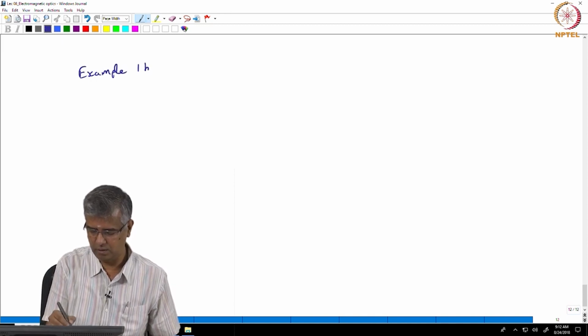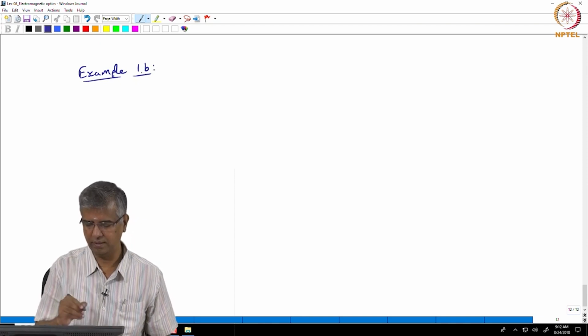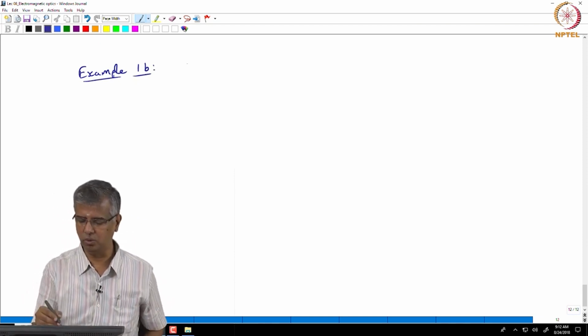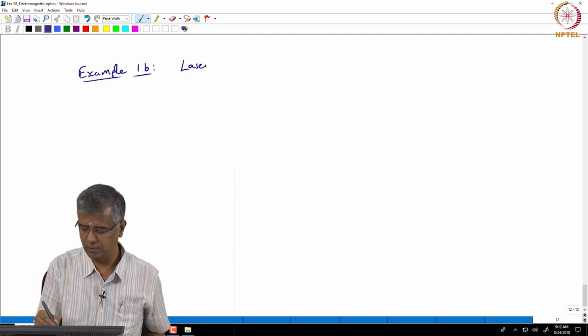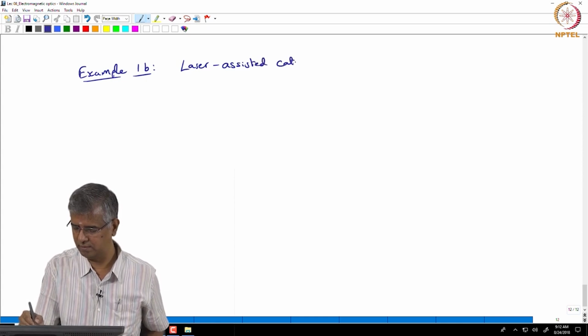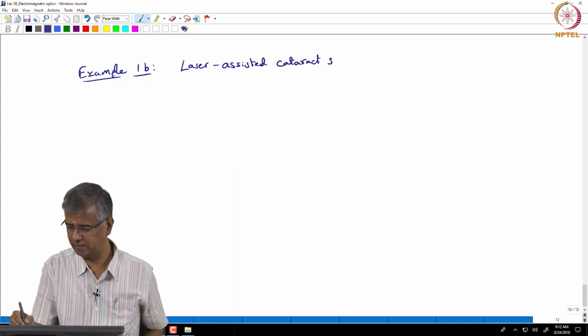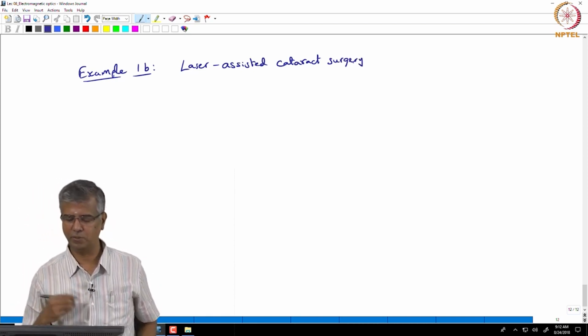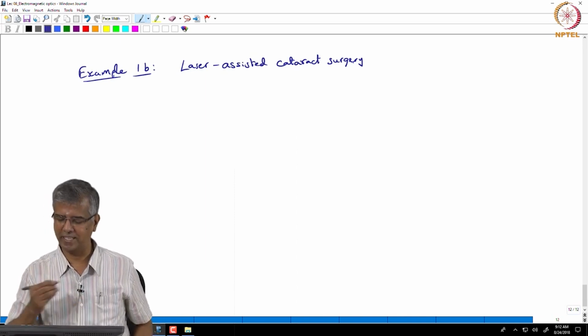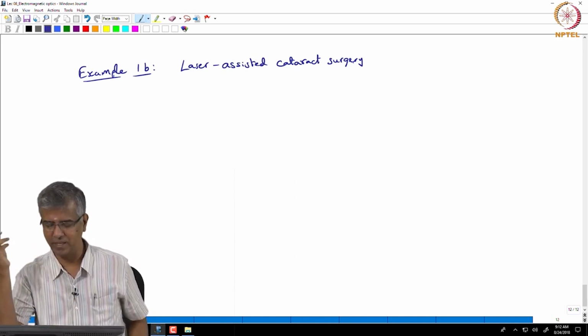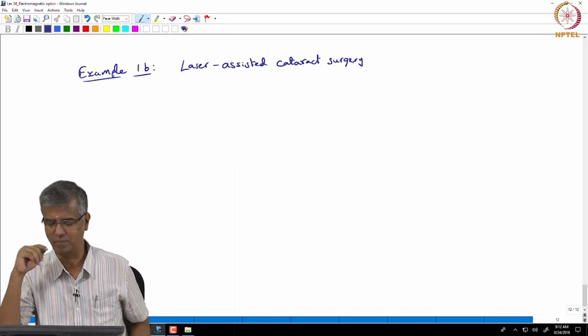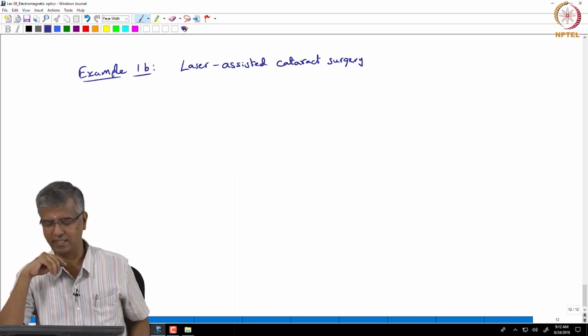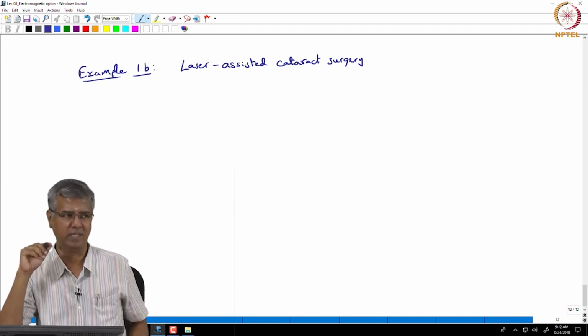Example 1b, let us say, and this is actually related to something called laser assisted cataract surgery. So, we have actually started a company that makes fiber lasers. You don't know what a fiber laser is, maybe I'll come back and talk about that later on. But we make fiber lasers, and we make pulsed fiber lasers.